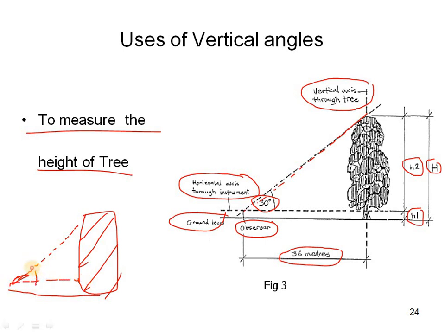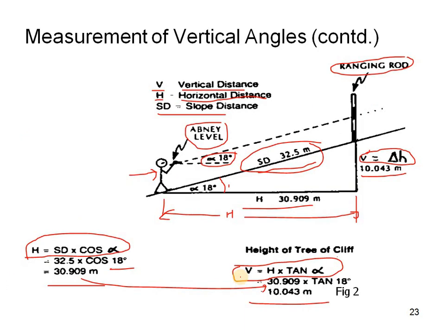Then it will be 20 degrees, and we have to find out the distance and heights also. So it will be useful for measuring heights of buildings and heights of chimneys.